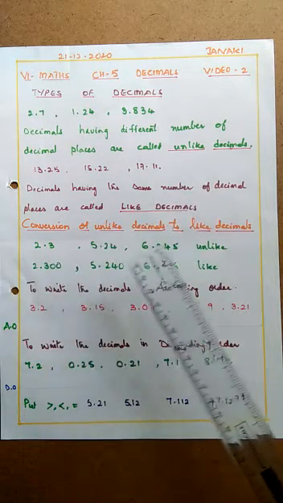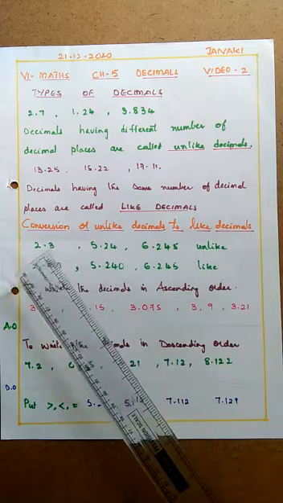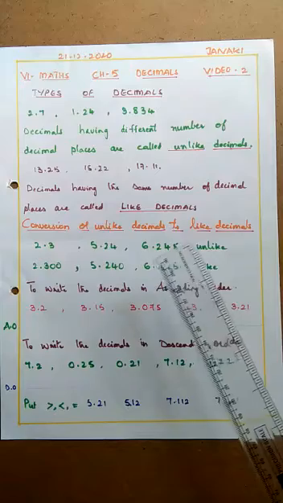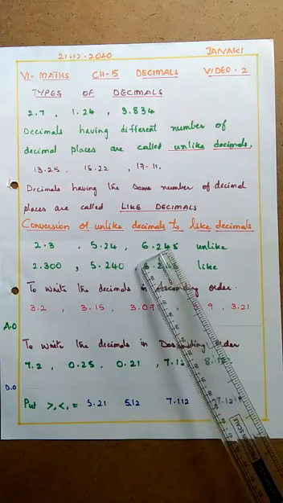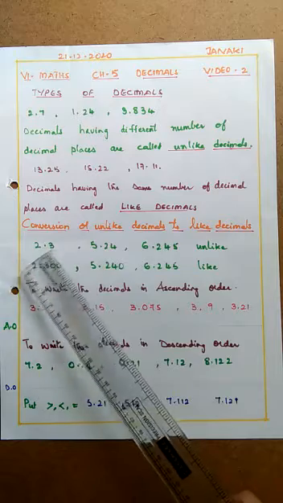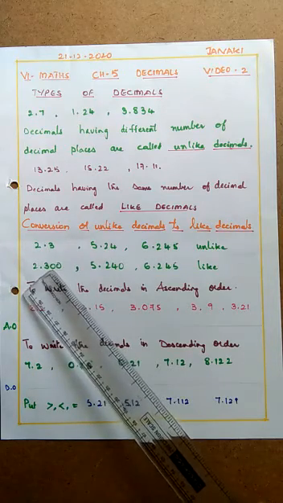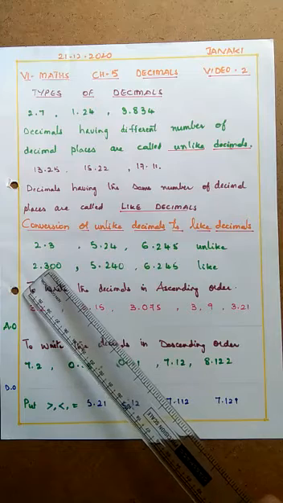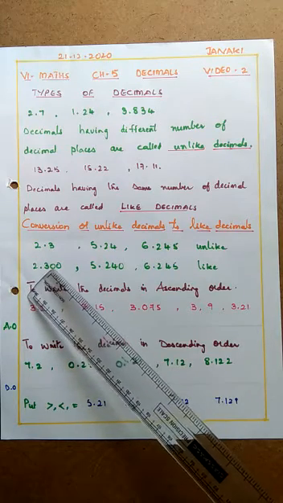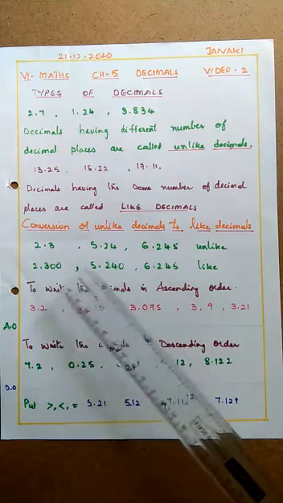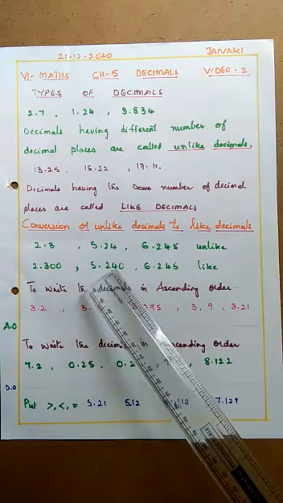So, to convert them into like decimals, first see which number has the maximum number of decimal places. Here 3 is the maximum. So this has a shortage of two decimal places. So add two zeros. Here the maximum is 3 and you have only 2, so the shortage is 1.